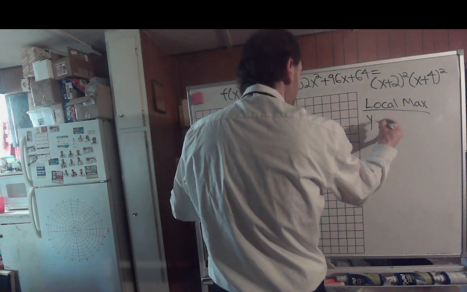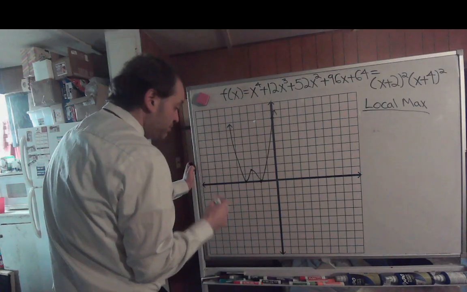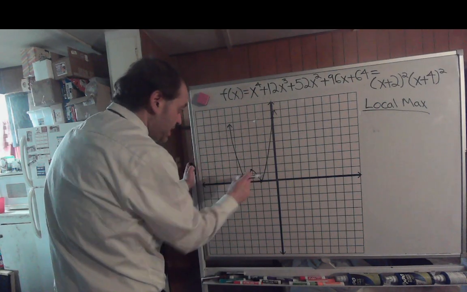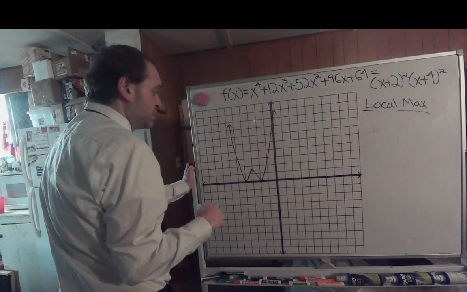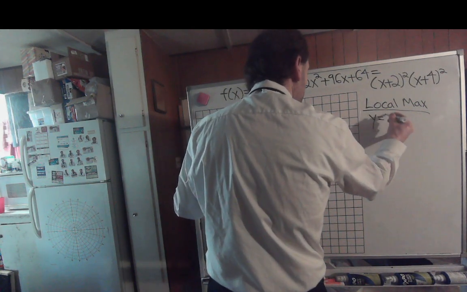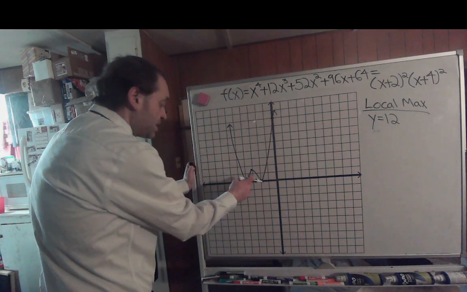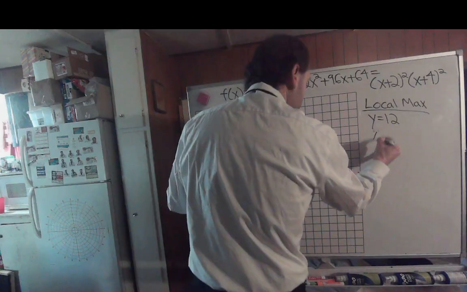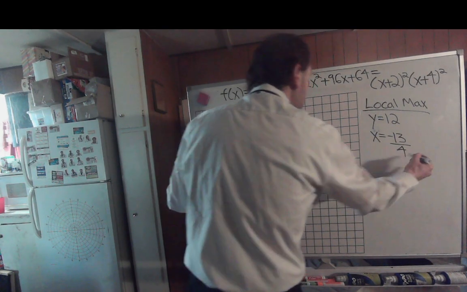So, well, actually, I'm thinking of the x. Excuse me. The local max itself's the y. That would be about 8. That'd be about 10. No, that'd be about 12. So local max is y equals 12, since we did 8 units, and then, yeah, the x value that produces that would be about -13/4.